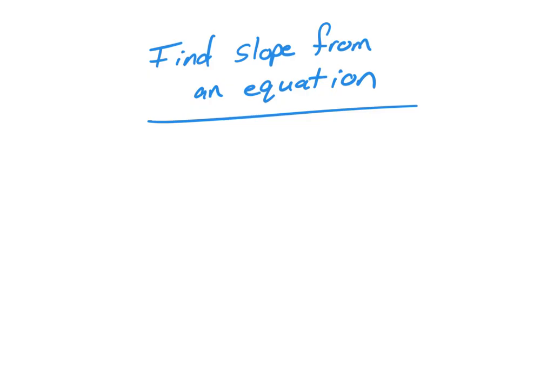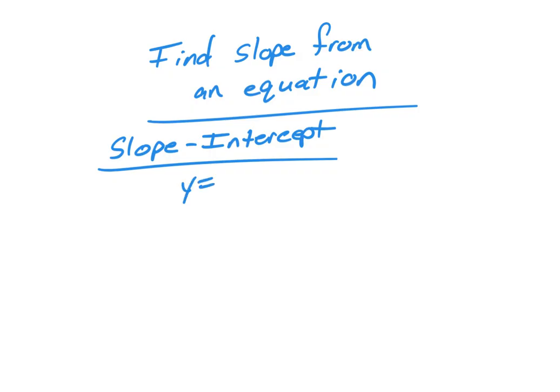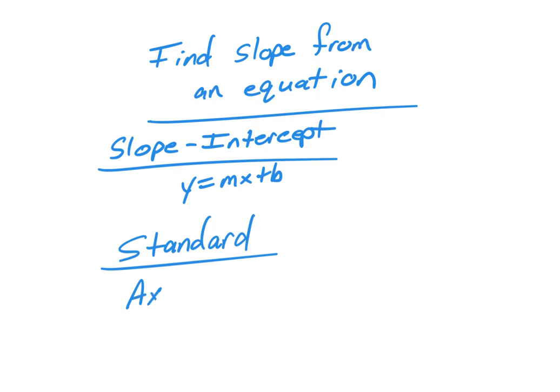So the reminder of those two, and we talked about this in our first lesson. Slope-intercept is y equals mx plus b. Standard form is ax plus by equals c.